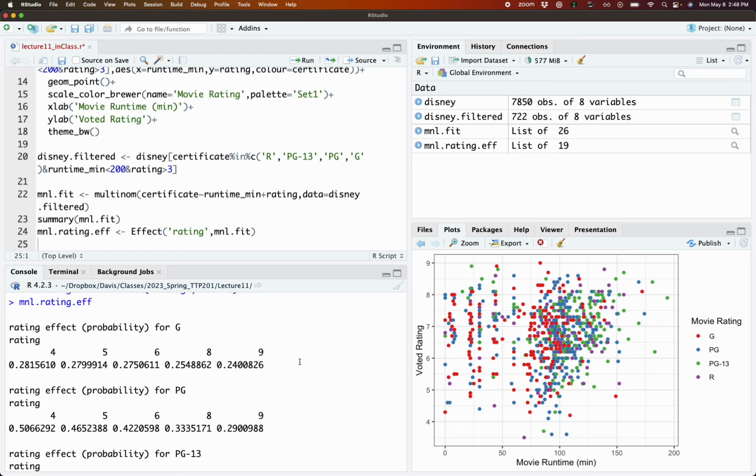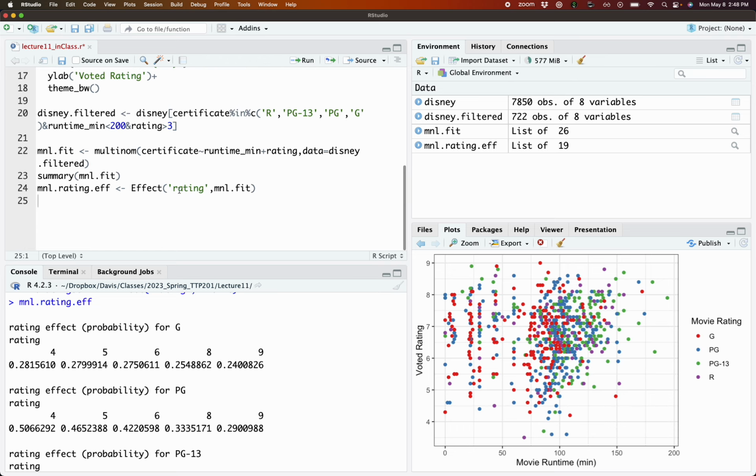But I can also do this for runtime, and it will hold rating fixed.